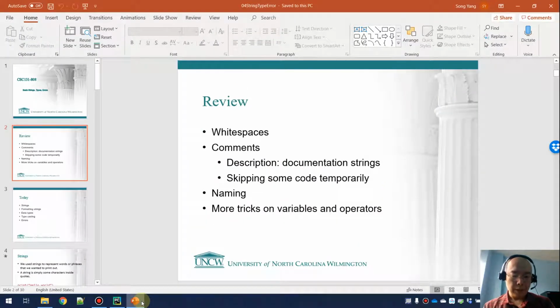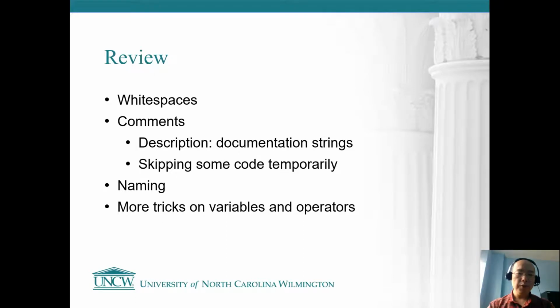Okay? And we talked about the naming conventions. In Python, if you want to name an object, we can create a name with underscores, numbers, uppercase letters, lowercase letters, right? And what else? We cannot have a variable start with a number, okay? And remember, there are a bunch of reserved keywords.